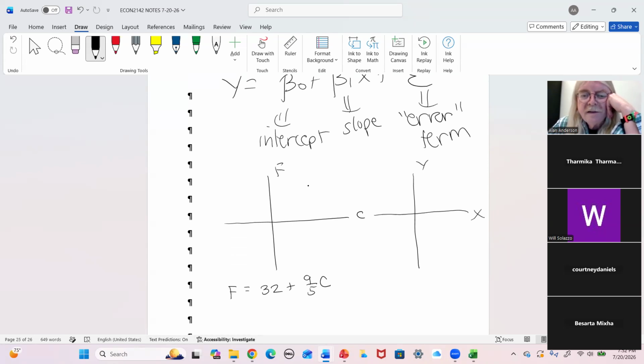It's a straight line. Intercept is 32, and the slope is 9/5.